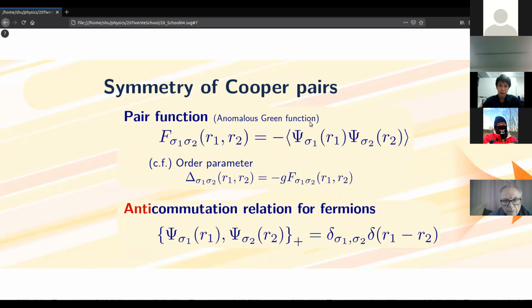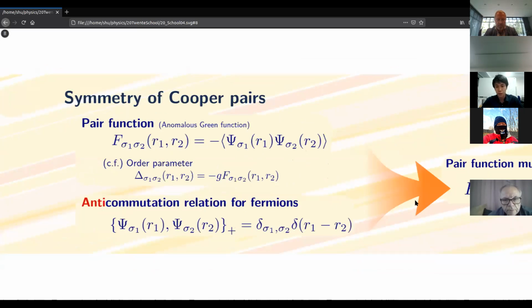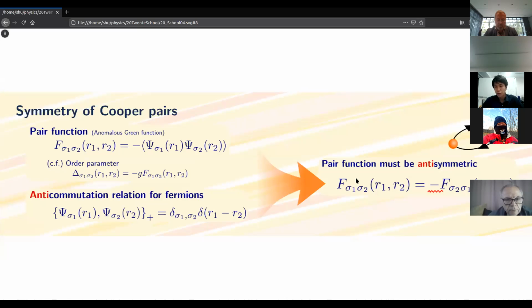And the electron is a fermion, so these operators have to satisfy this anti-commutation relation. Combining these 2 formulas, we have this equation. This equation tells us that when we exchange 2 electrons, the pair function must be antisymmetric.